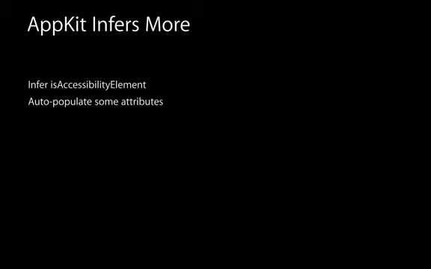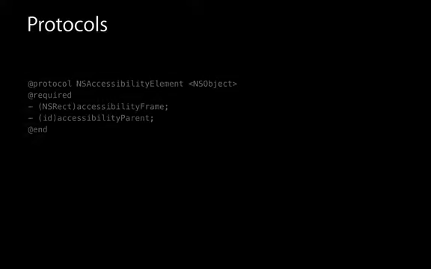So as you can see how easy it is to use, I also want to give you a little bit more detail about these protocol. First of all, there's the base protocol, which we call the NS accessibility element protocol. It has a few required methods like the frame and the accessibility parent. Those are basic information that all accessibility elements should have.